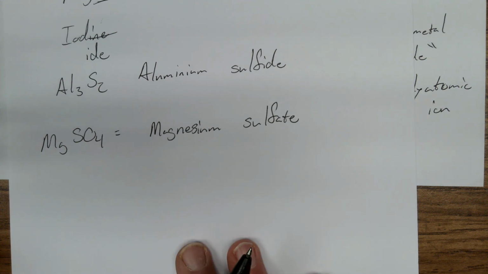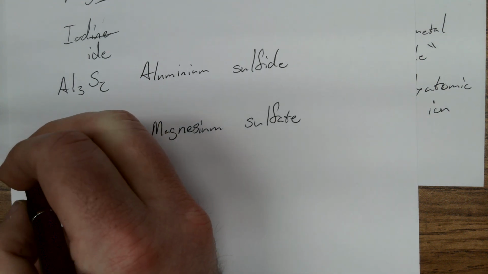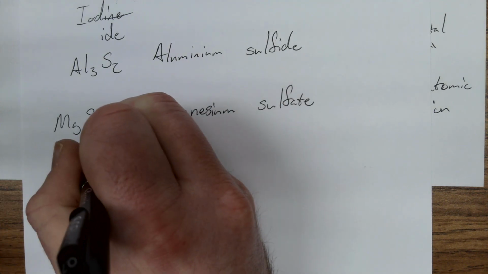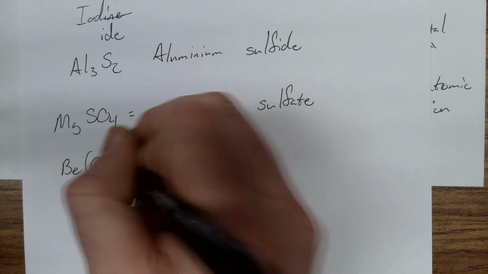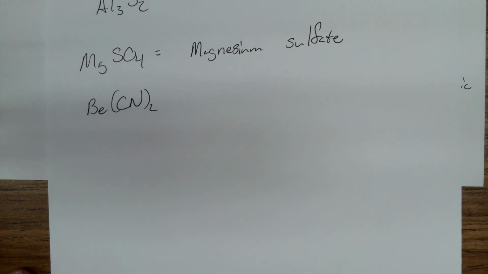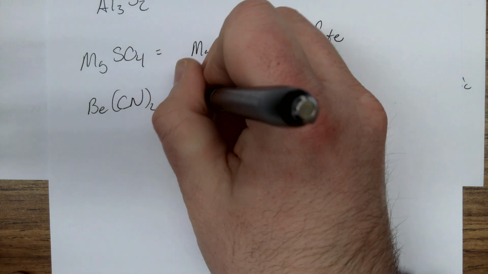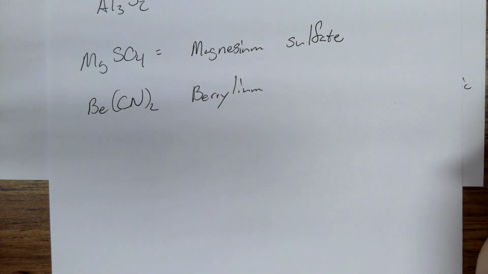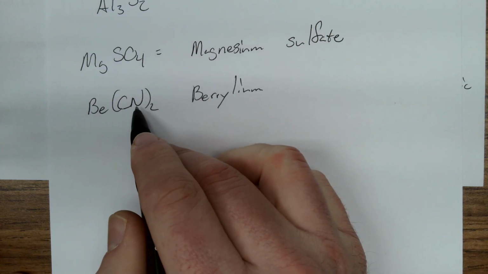If I had, let's do BeCN2. What's that name going to be? Beryllium, for sure. What's the CN?